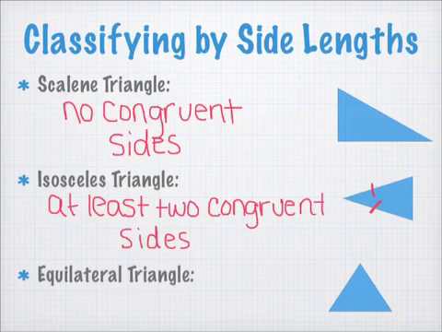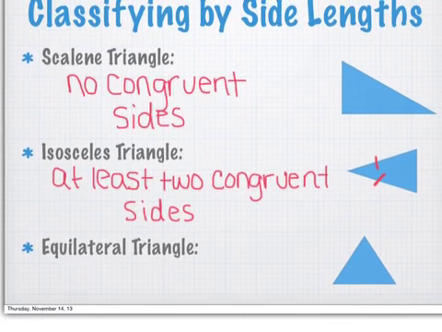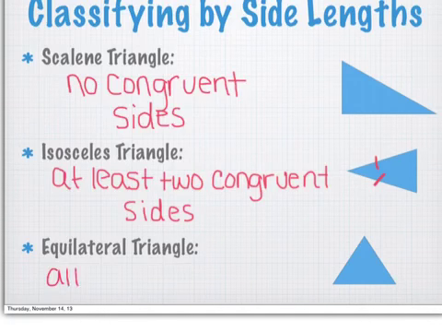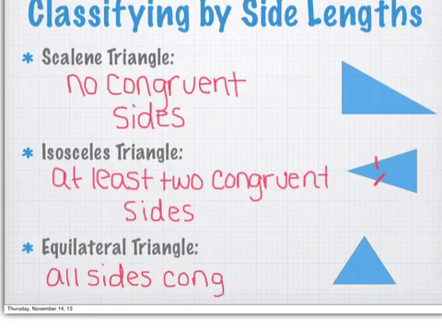And then what's an equilateral triangle? All the sides are the same. Yep. So all sides congruent. So in this triangle, we're going to mark all three. So an equilateral triangle has all of the sides congruent. Does that mean that that's also isosceles? Yeah, because the least is 2.